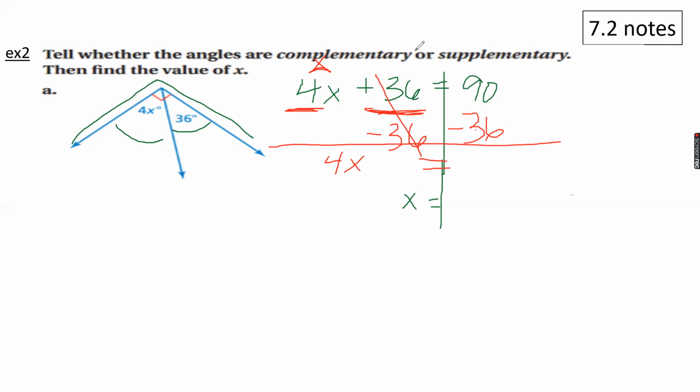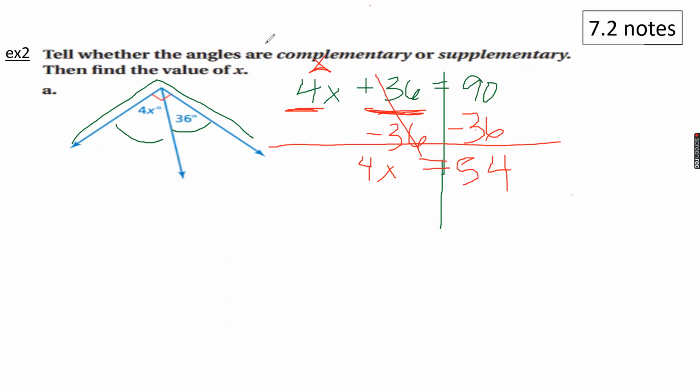It is left on its own on the left. And then 90 minus 36 is going to give us 54. I'm going to move this down just a little bit so I have room. So now we have 4x equals 54.